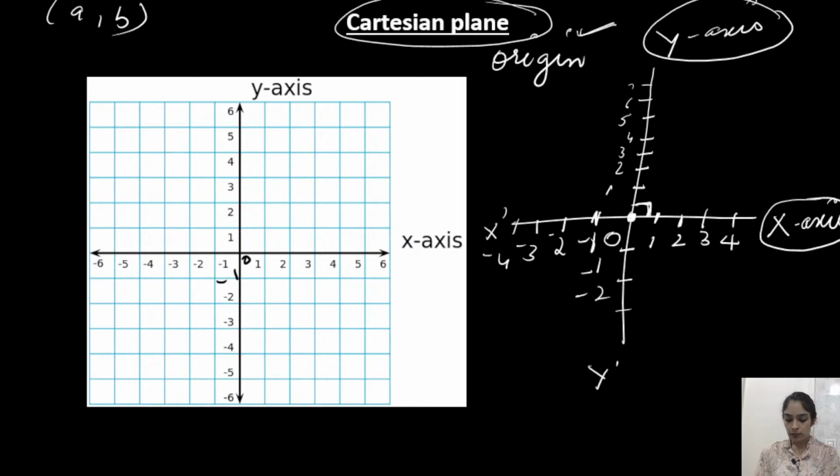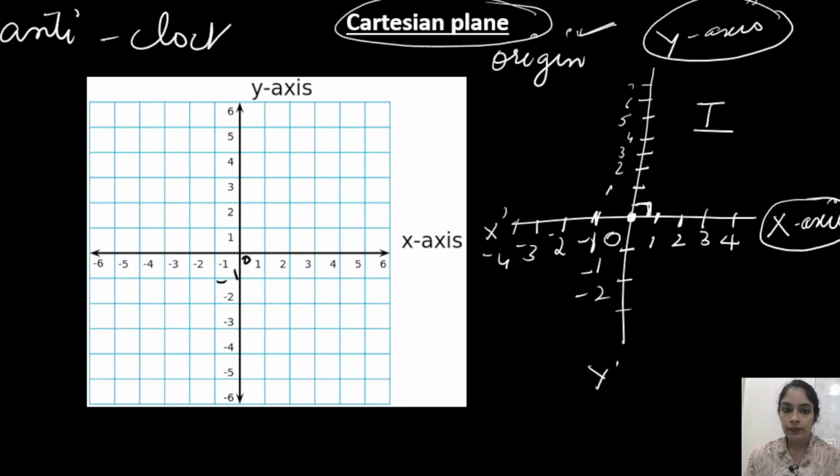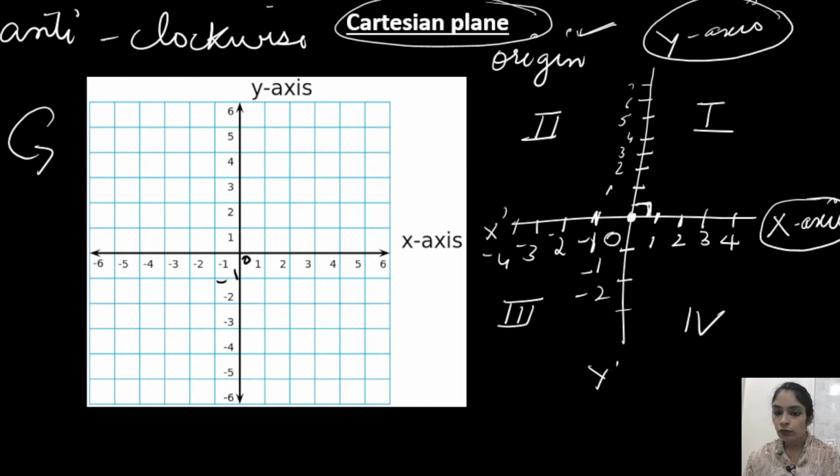Then the Cartesian plane is very important. So here numbers are like this. Now you can see this plane is divided into 4 parts. This is the first part. We will always go in the anti-clockwise direction when describing the parts. I'll write it down here also: anti-clockwise direction. Anti-clockwise, I hope you know, this side, like this. So this is the first part, this is the second part, this is the third part, this is the fourth part.